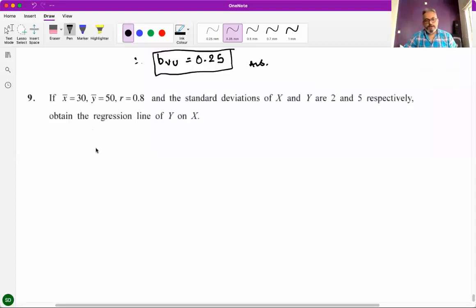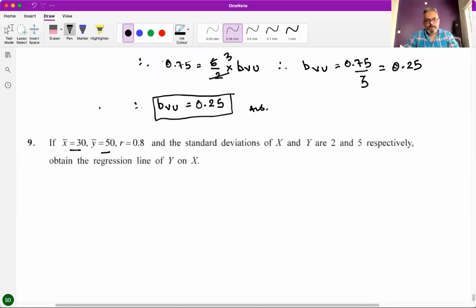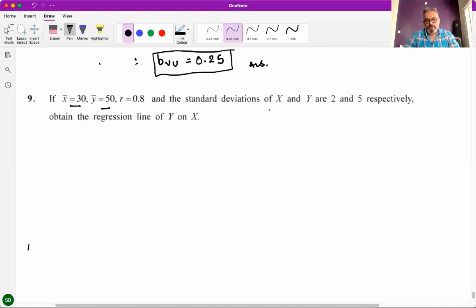Now question number 9. If x bar is equal to 30, y bar is equal to 50, r is equal to 0.8 and the standard deviation of x is 2, standard deviation of y is 5. Obtain the regression line of y on x.